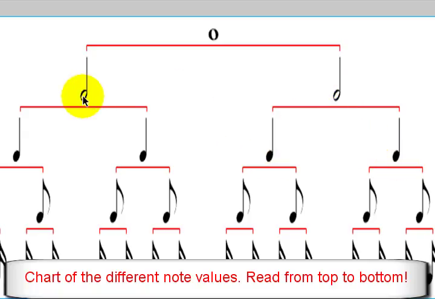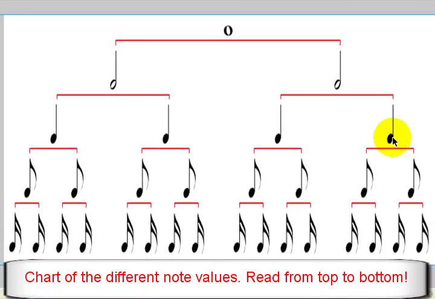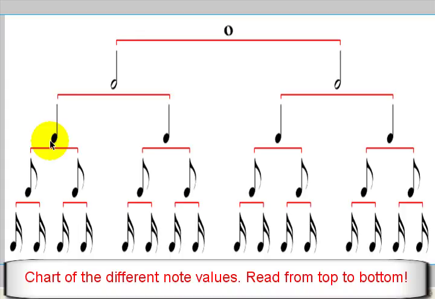So these 2 half notes consist of 4 quarter notes. Now the same thing continues here below. Each quarter note consists of 2 eighth notes.